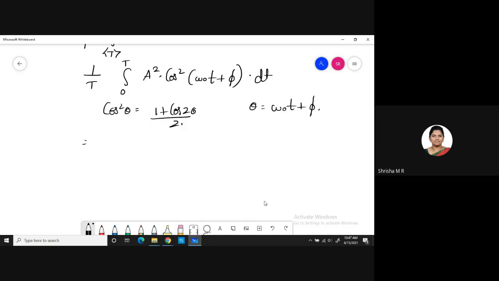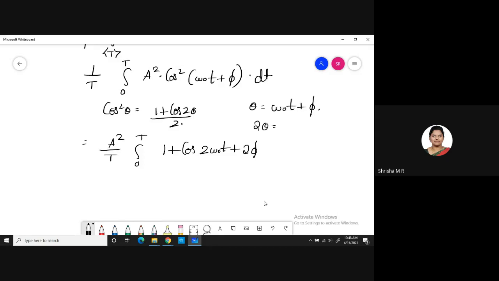So A square is a constant. I'll take it outside. A square by T integral 0 to T. So how do I write this? 1 plus cos 2 omega naught t plus, it's phi or 2 phi? 2 phi, because our theta is omega naught t plus phi.